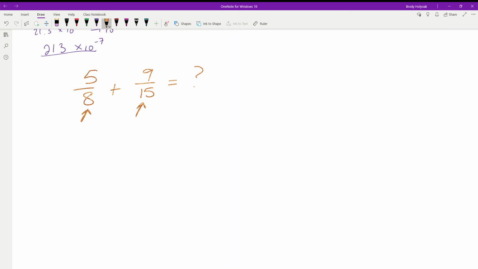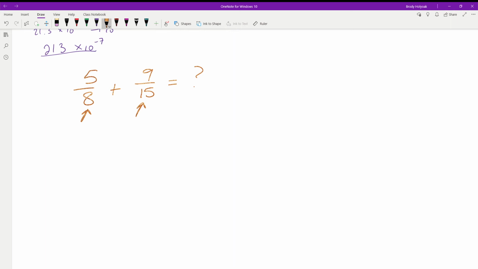Now, we can't use cross multiplication because we're not multiplying, we are adding. There are two ways we could do it. We could do a brute force method, multiply 8 and 15 together, and that will give us a value that they will both go into. But we want to see if there's a smaller one just to help reduce it later.